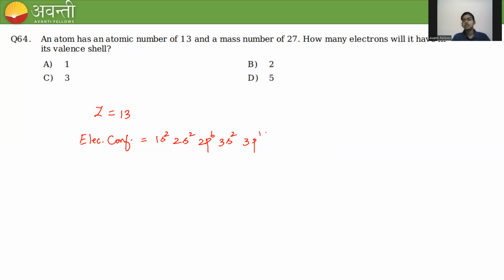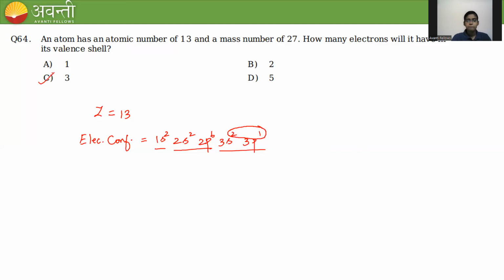Atomic number is 13, so it is 3p1. We have three shells, first shell, second shell, and third shell. So the third shell is the valence shell, and the valence shell contains 3 electrons. Okay, the mass number is also 27. So the element is actually aluminium, and the number of valence electrons for aluminium is 3. So option C is the correct answer.